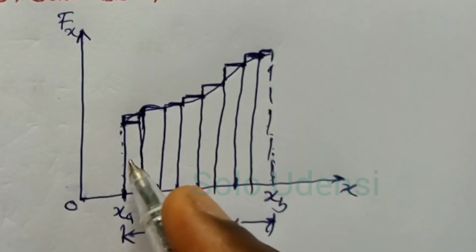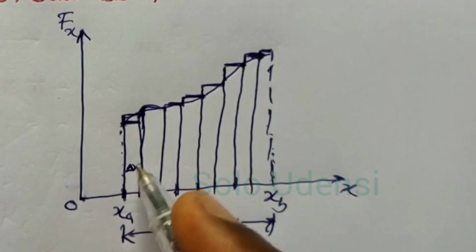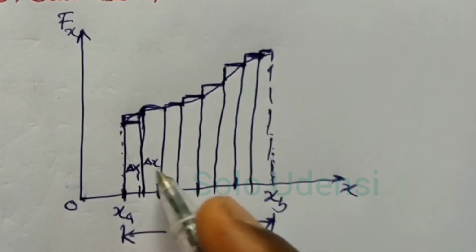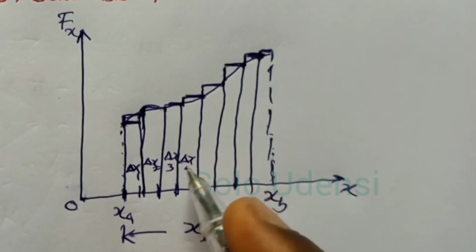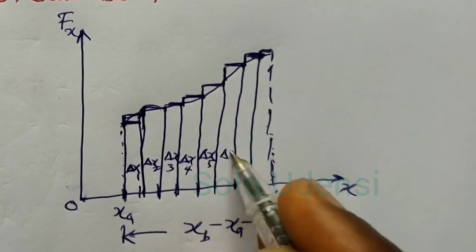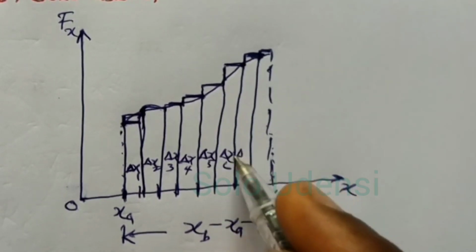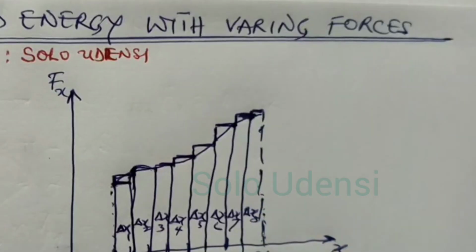And let us assume that these distances are delta x1, delta x2, delta x3, delta x4, delta x5, delta x6, delta x7, delta x8.